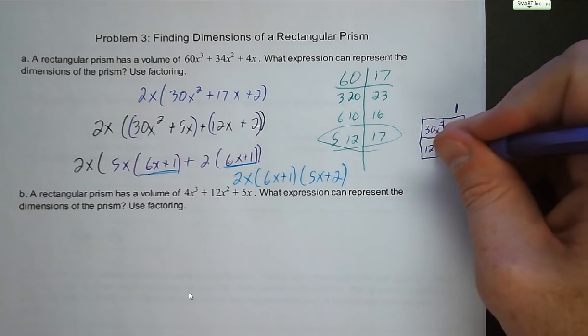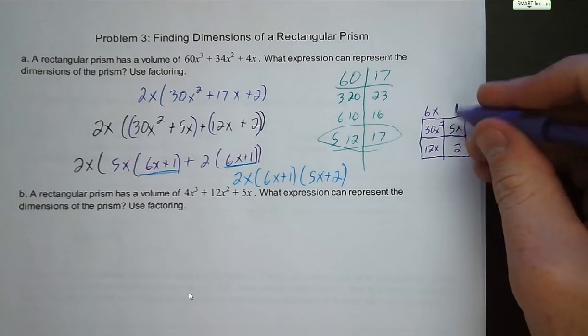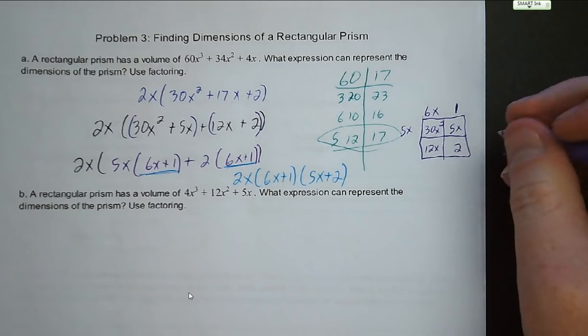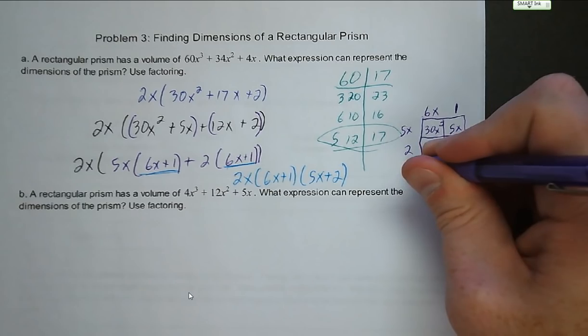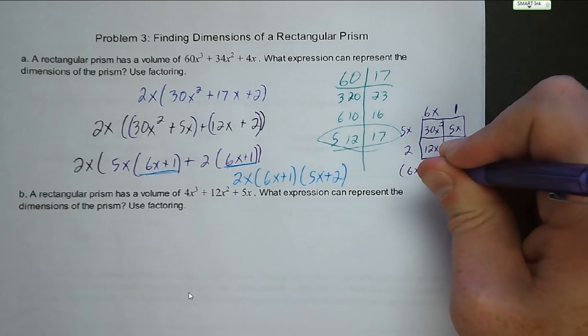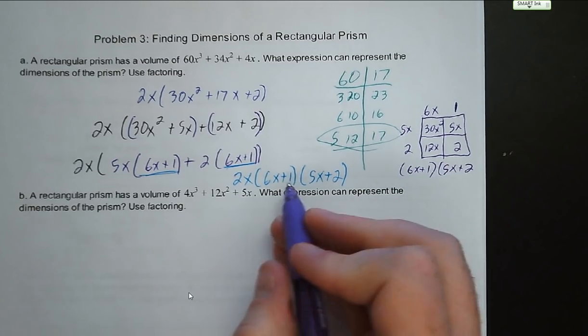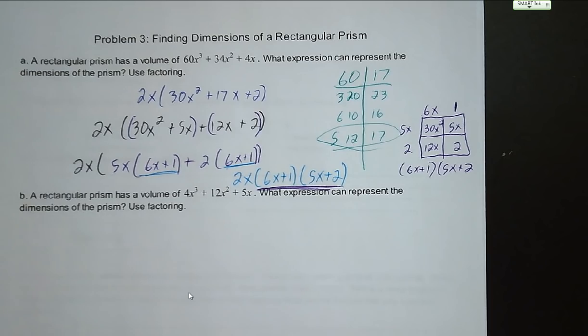Common factor between 12 and 30 is a 6 and an x. 5 and 30, we've got a 5x, and 12 and 2, we've got a 2. So that would factor to 6x plus 1, 5x plus 2. Exactly what we got right there. Okay? So box method and factoring by grouping are both going to get you to the same place. It's just a little bit different work and a different way of thinking.